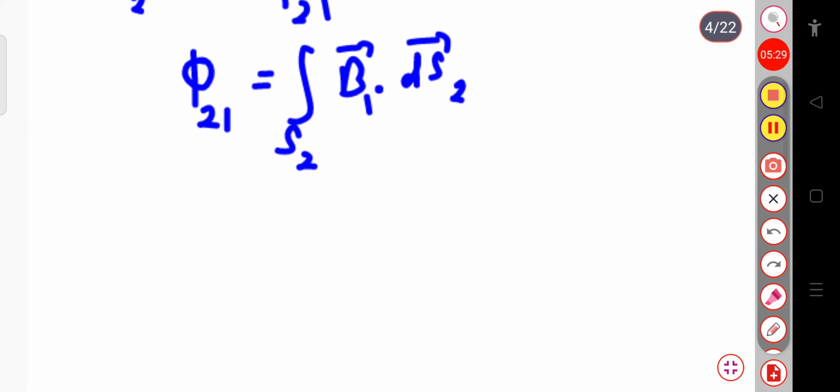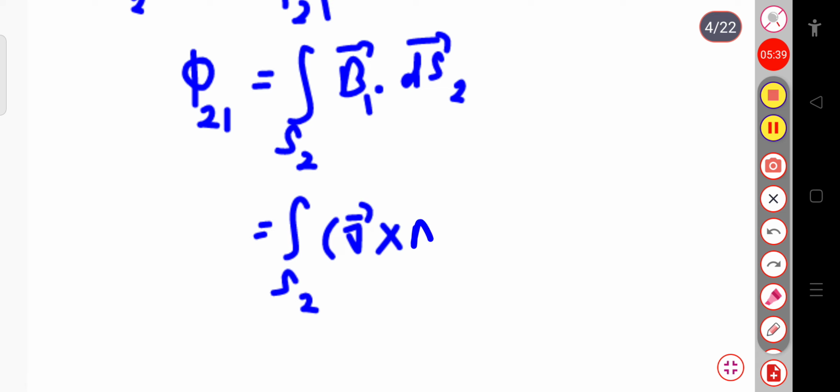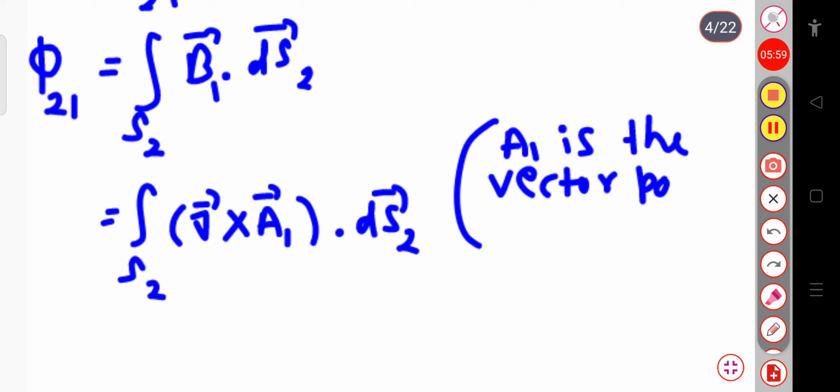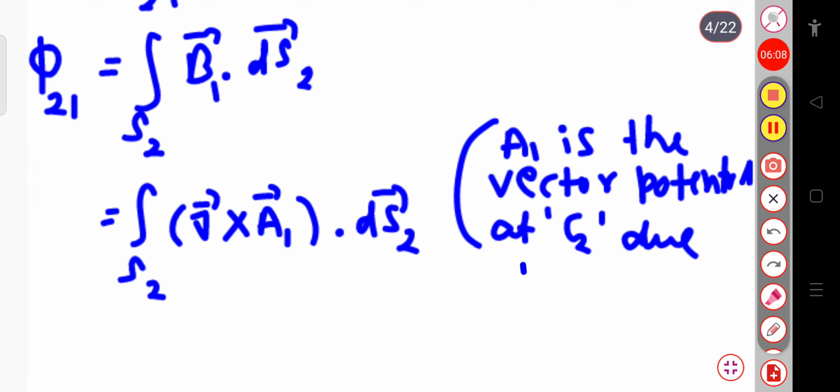In place of B1 I can write B equal to del cross A, the curl of A, so this is the integral over S2 of curl A1 dot ds2, where A1 is the vector potential at the C2 coil due to the current in C1.